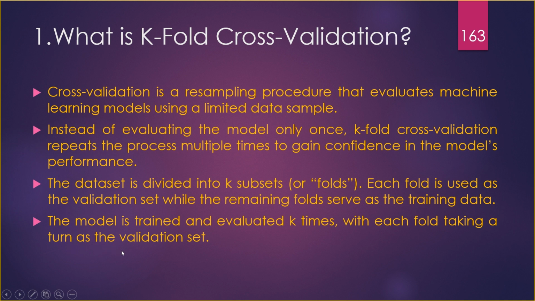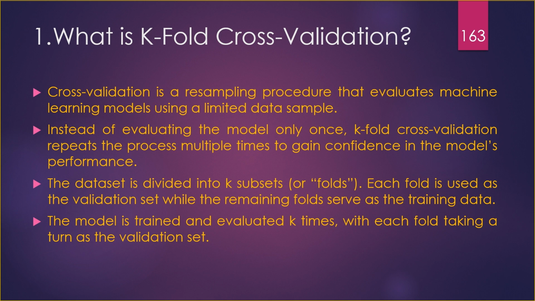So if fold 1 is the validation set now, then folds 2 to 5 will be used as training data. Next time, when fold 2 acts as the validation set, at that time fold 1 and folds 3 to 5 will act as training data.